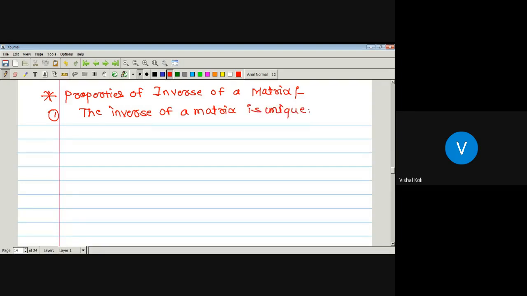That is, if we have a matrix A, then its inverse will be unique. If we suppose there are two inverses for matrix A, then the corresponding inverses must be the same.